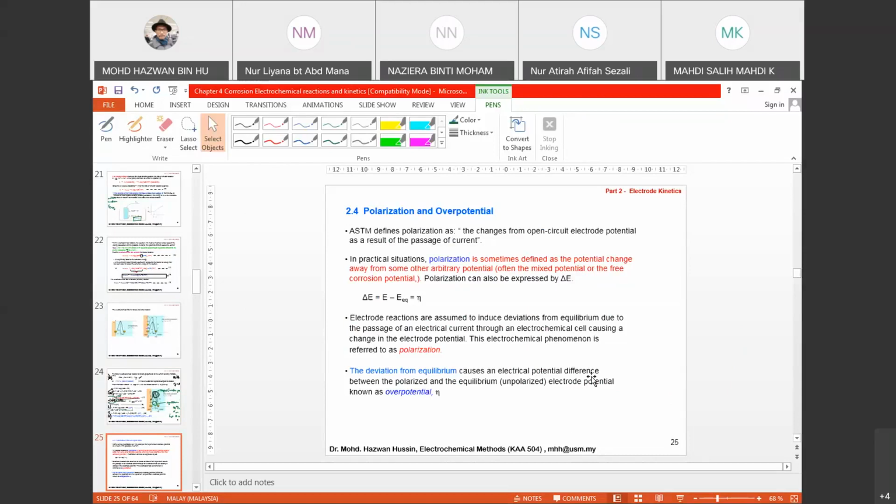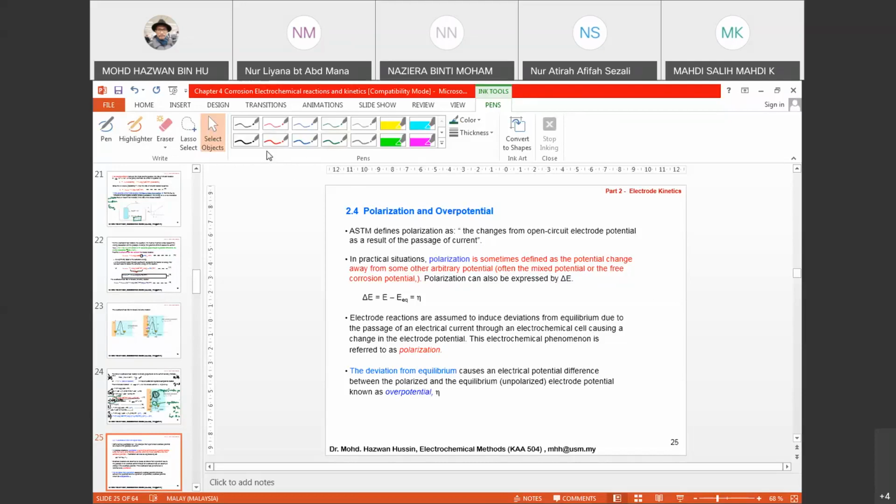In practical situations, polarization is sometimes defined as the potential change away from some arbitrary potential, often the mixed potential or free corrosion potential. Polarization can be expressed as the change of potential, and the value you obtain is equal to the overpotential.